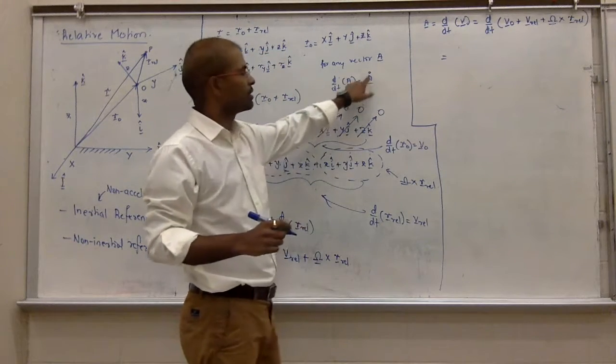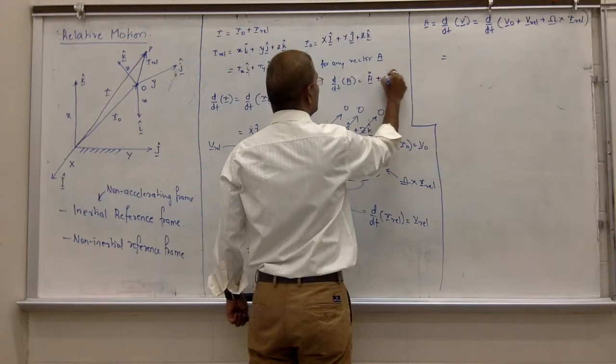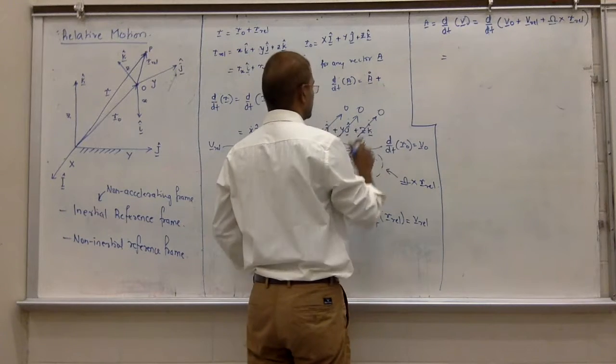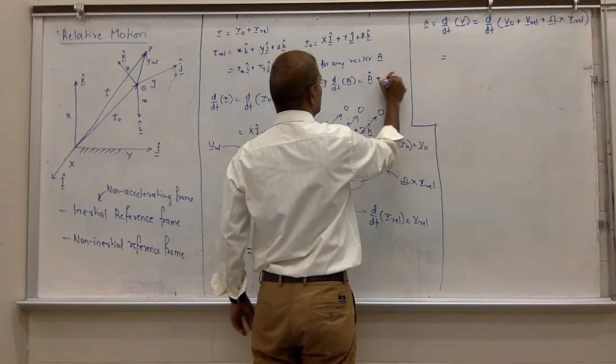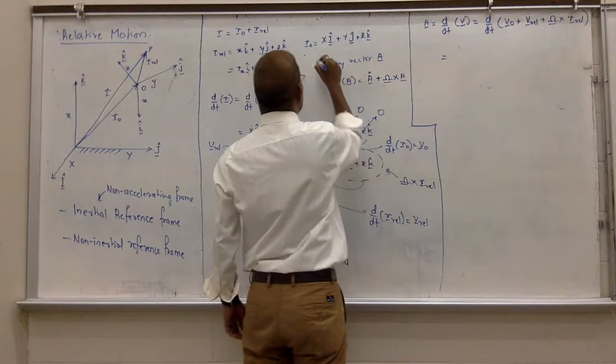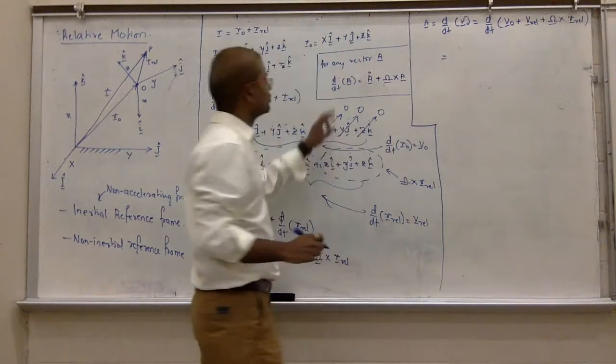This is A circle dot plus omega or cap omega crossed with A. Now keep this in mind.